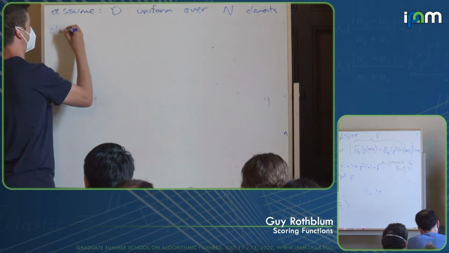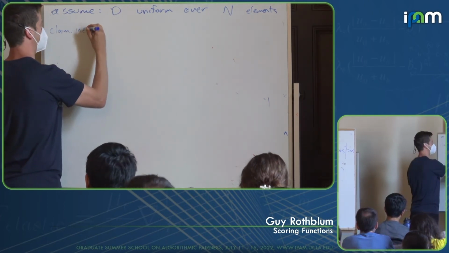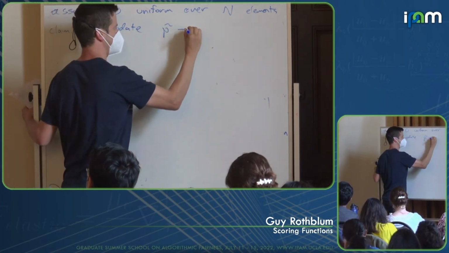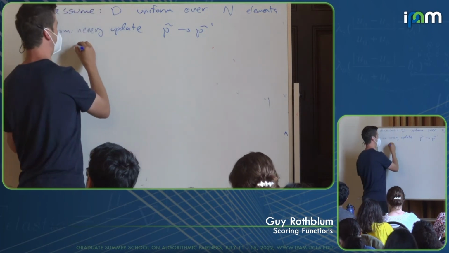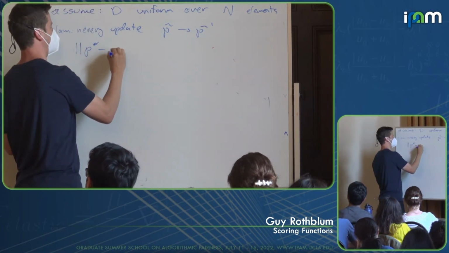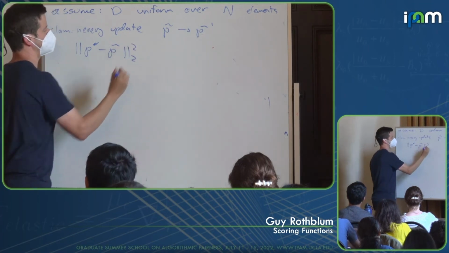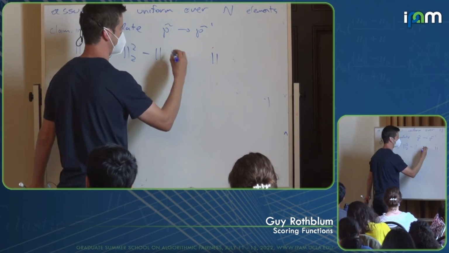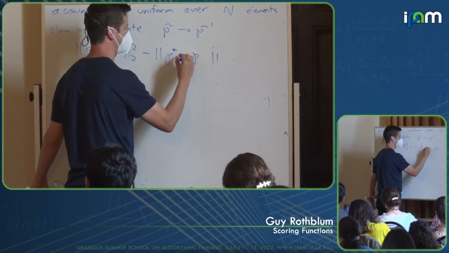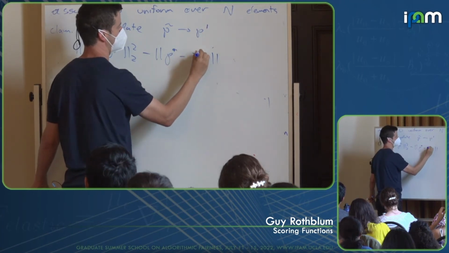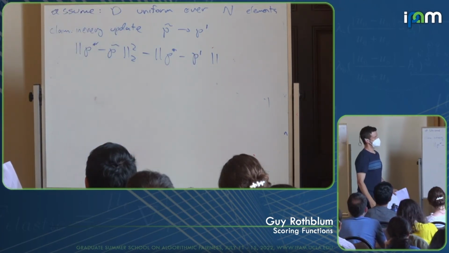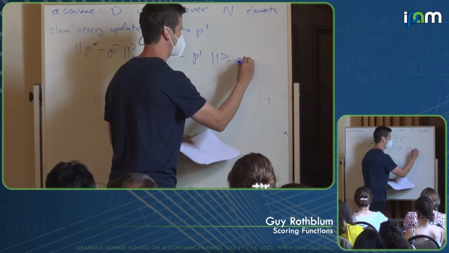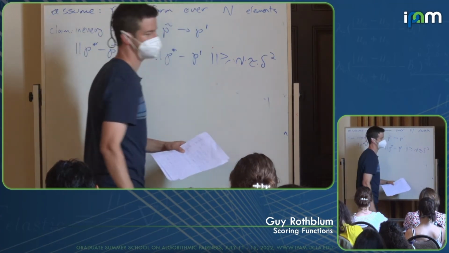So the claim is that in every update, when we move from p tilde to p tilde prime, if we look at the L2 squared distance of p tilde from p star, and we look at the distance from the updated p tilde prime, let's call it p prime, maybe, it's a little bit clearer. The distance shrinks. Okay, so it shrinks by at least n times tau times delta squared.